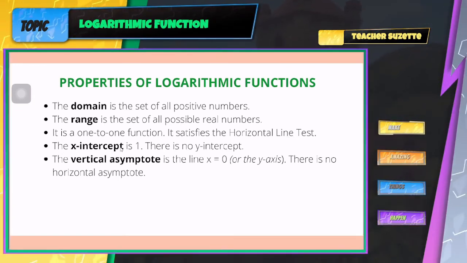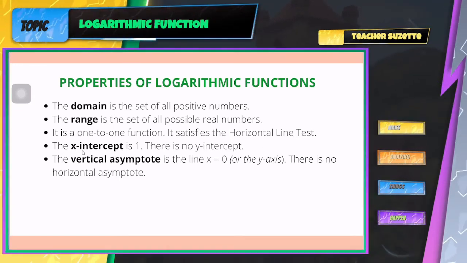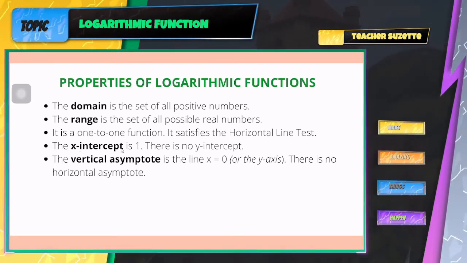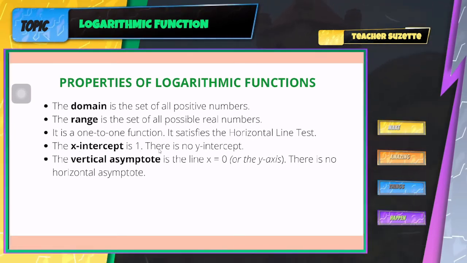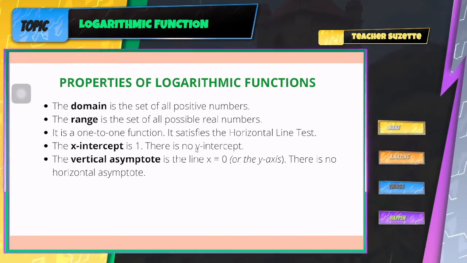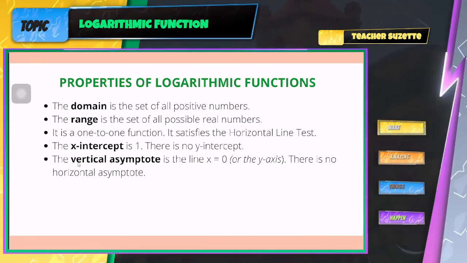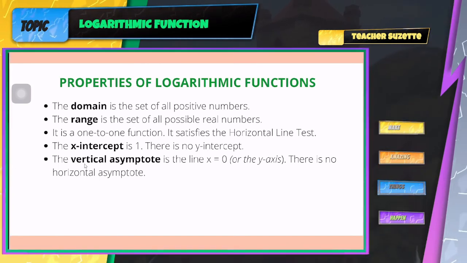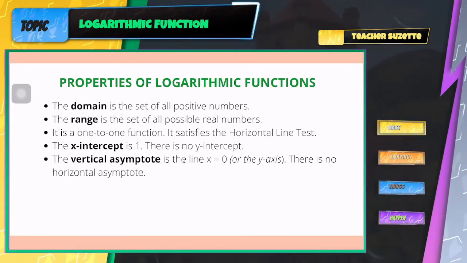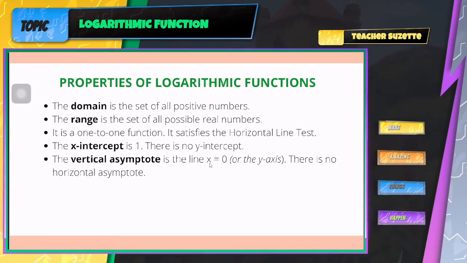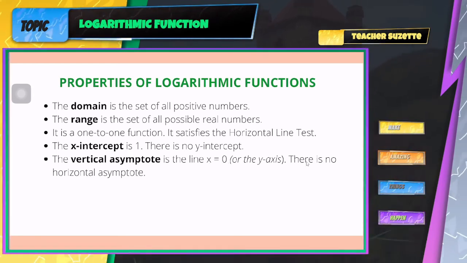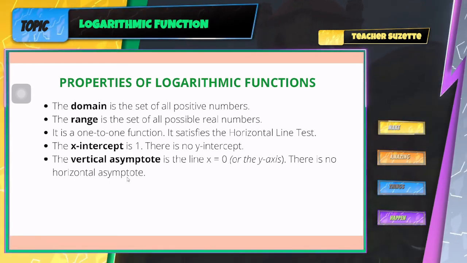For our logarithmic function, we will have only an x-intercept, which is 1, and no y-intercept. And obviously, we have our vertical asymptote, which is the y-axis, x equals 0. And there is no horizontal asymptote.